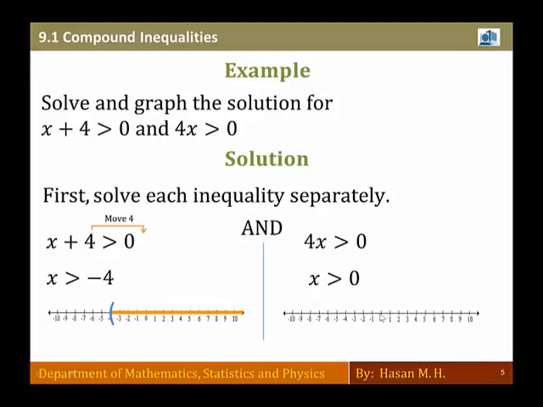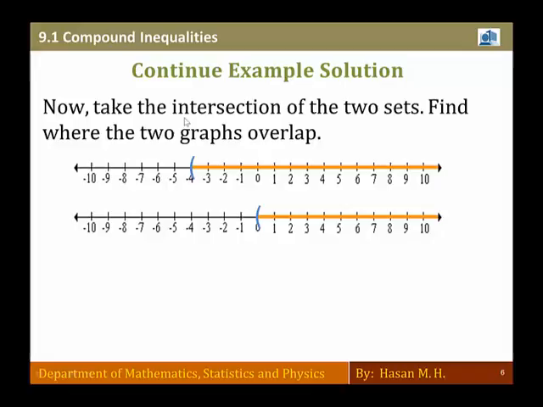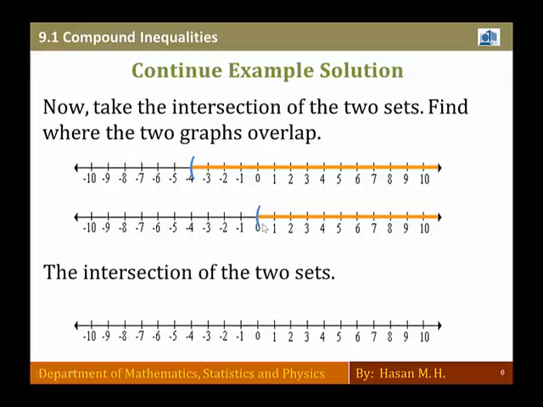We're looking for the numbers that are greater than 0. Now take the intersection of the two sets by finding where the two graphs overlap. The two graphs overlap from 0 to infinity, and the interval notation will be 0 to infinity.